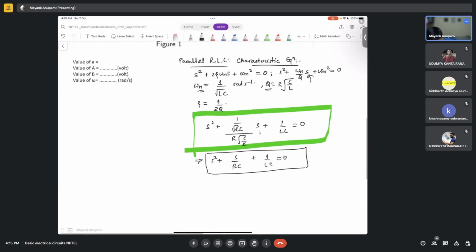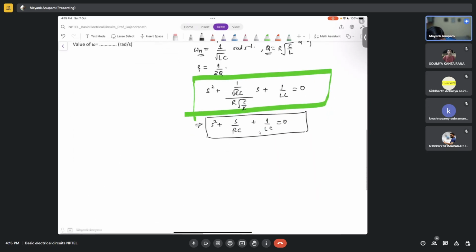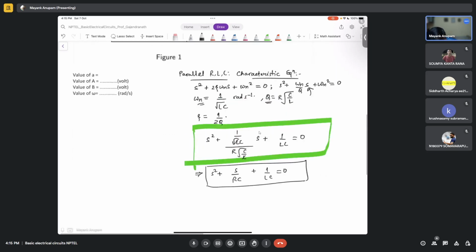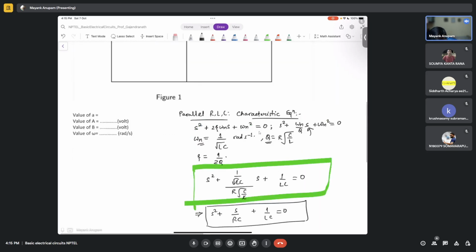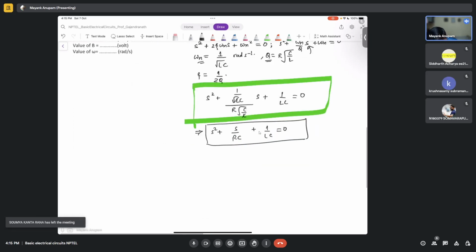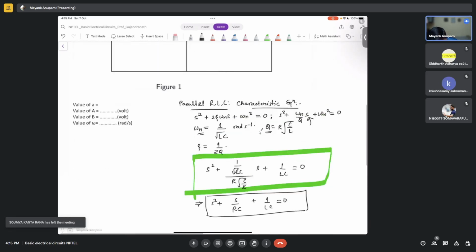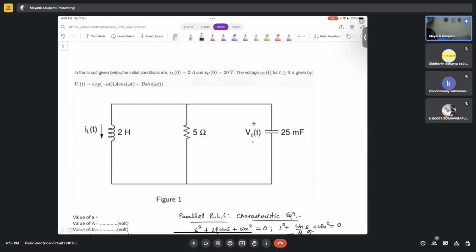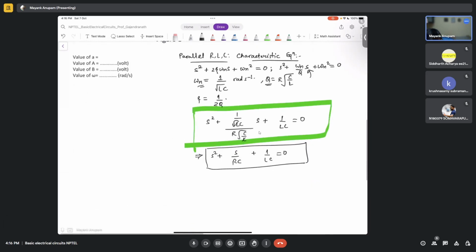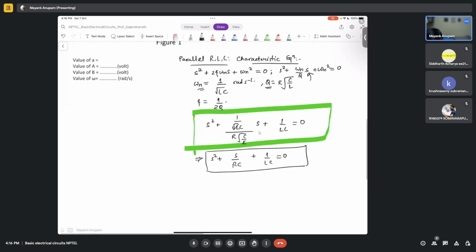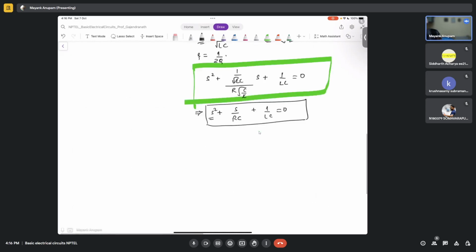So now, fine, this we got already. Now tell me, when do we have this kind of a solution for that particular case? I have written here in terms of s, right?